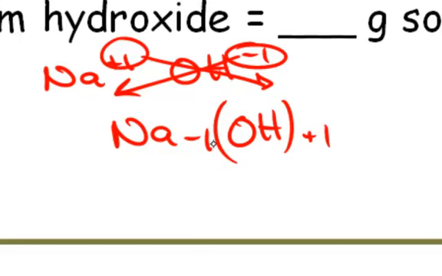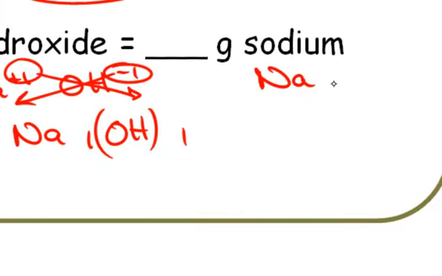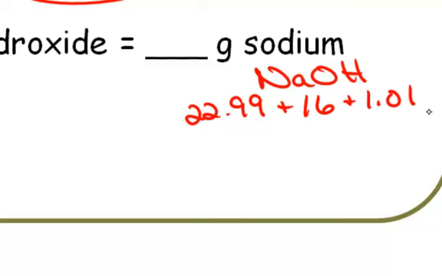We drop the signs, Na1OH1, our formula is NaOH. So the mass of sodium is 22.99 plus the 16 for oxygen plus the 1.01 for hydrogen. This gives us a mass of 40.00 grams per mole.